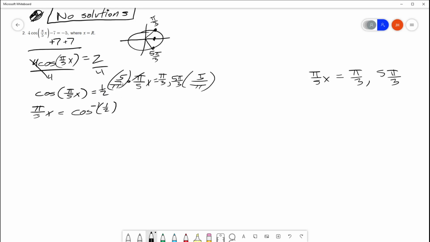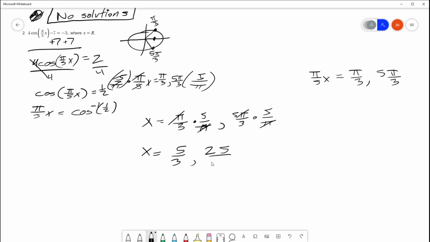Well, these guys cancel, and I'm left with x equals pi over 3 times 5 over pi, comma 5 pi over 3 times 5 over pi. So I have x equals, the pi's would cancel out here. I get x equals 5 thirds, and I also get 25 thirds.